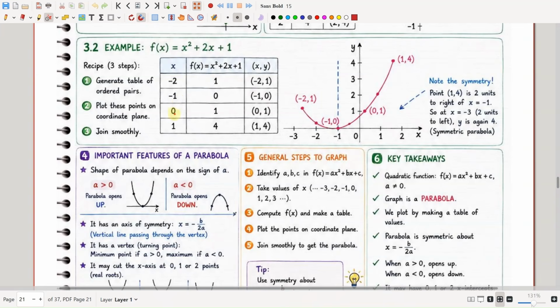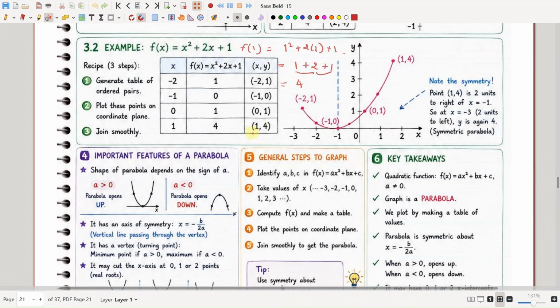Then we have to calculate f of 0. So f of 0 is equal to 0 squared plus 2 times 0 plus 1, which is 0 plus 1, which is 1. So the point is (0, 1). Next we calculate f of 1. So f of 1 is 1 squared plus 2 times 1 plus 1, which is 1 plus 2 plus 1. 1 plus 2 is 3, 3 plus 1 is 4.